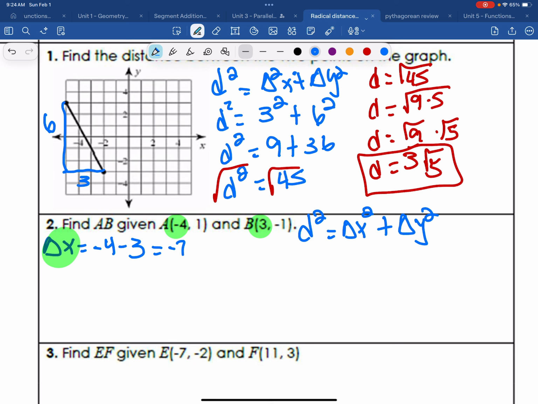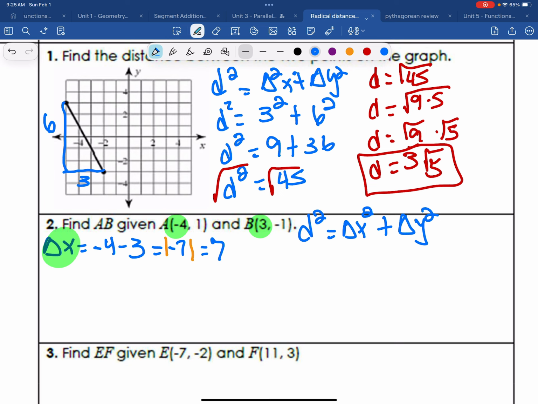So I want to change this to a positive 7. I will do that by taking the absolute value. The absolute value is the distance from 0, and when you take the absolute value of a number, it's always positive. So now I have a 7.